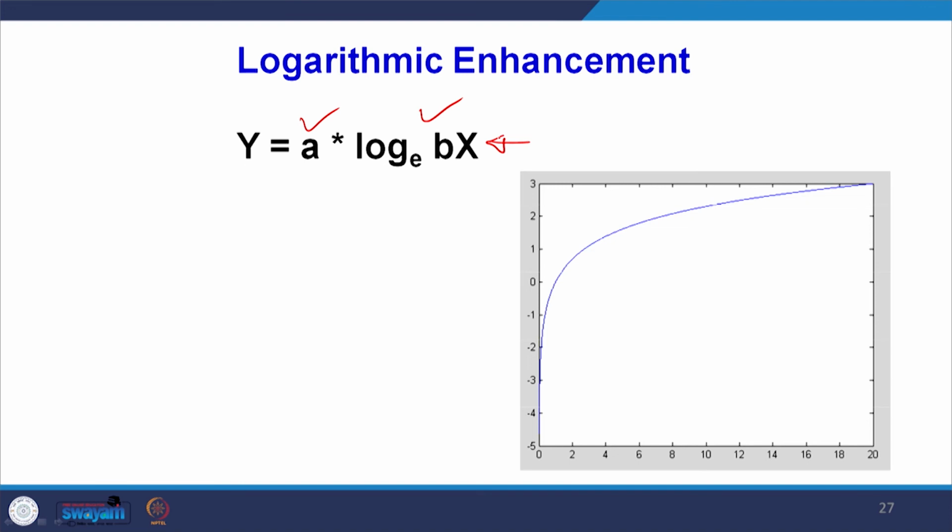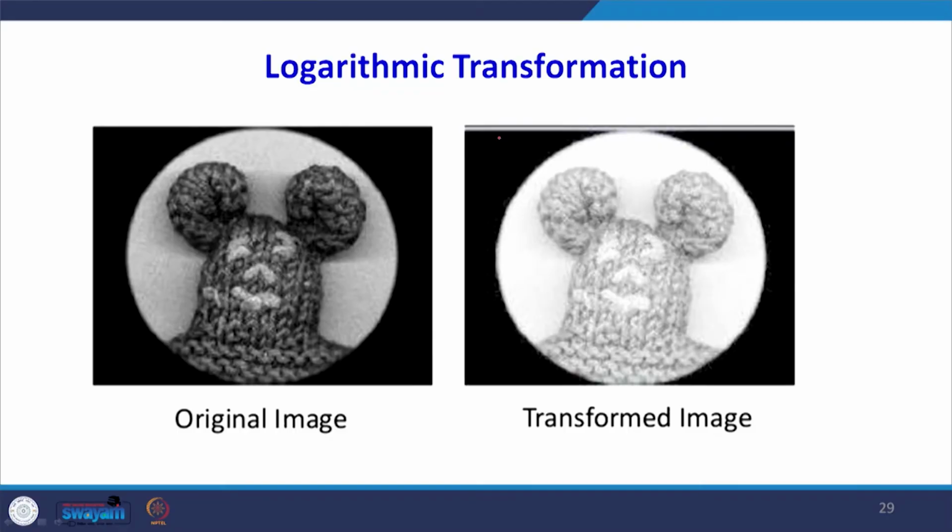You will see that there is a very sharp rise, and then the curve becomes almost stable. So this logarithmic enhancement expands the lower amplitude of input values, and this enhancement is suitable when you have a slightly darker kind of image.